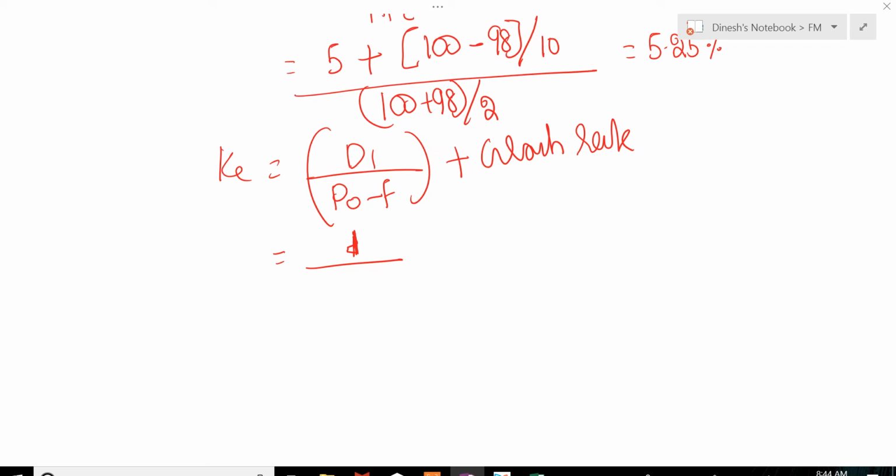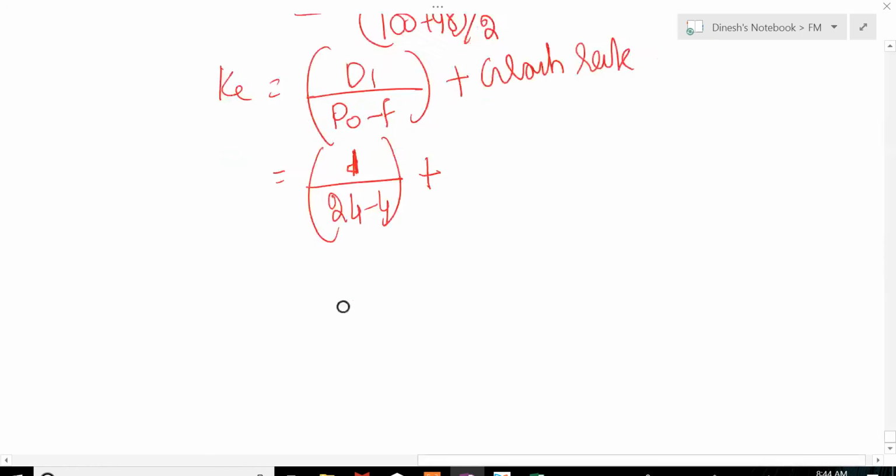Issue price for the equity share, like last problem said 125, is anything like that given? No. So then I shift to current market price. What is the current market price? 24 minus 4. The logic is you will be able to make an issue at the current market price of 24. That's the logic we are applying here. 1 divided by 24 minus 4 plus what's the growth rate? 5%.